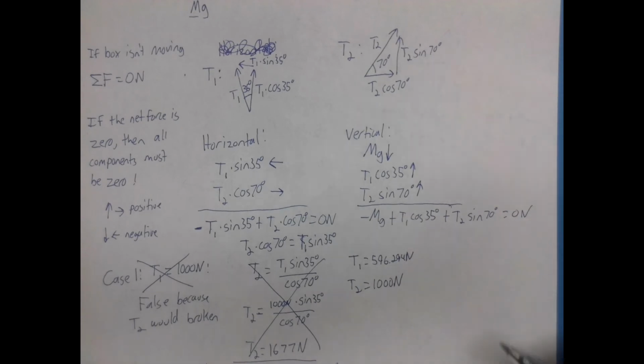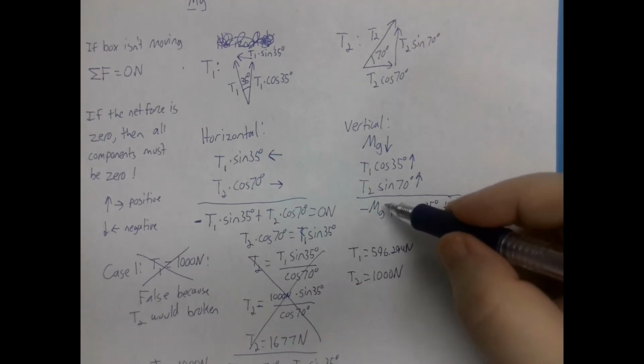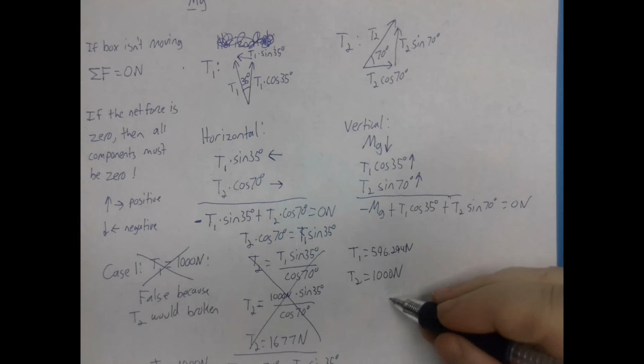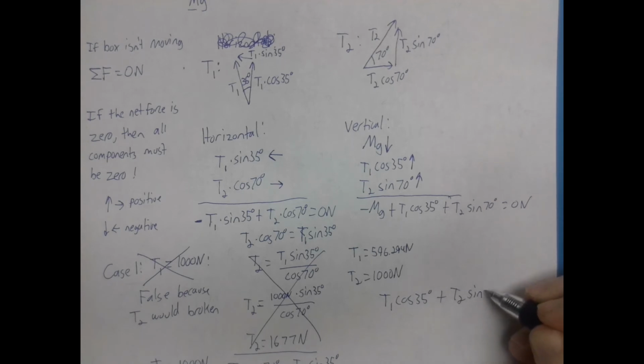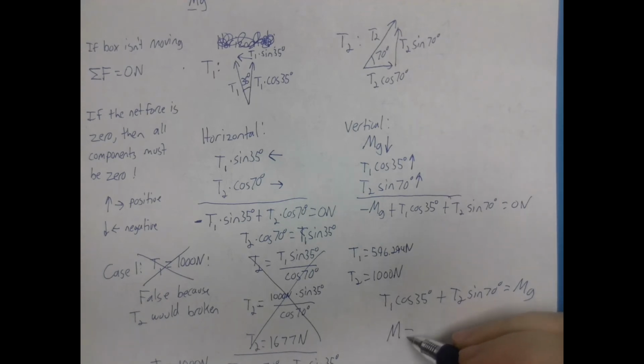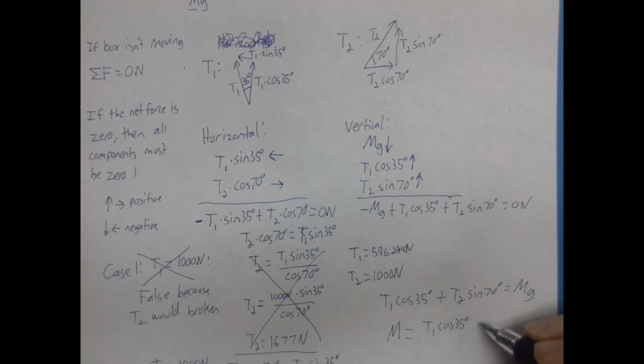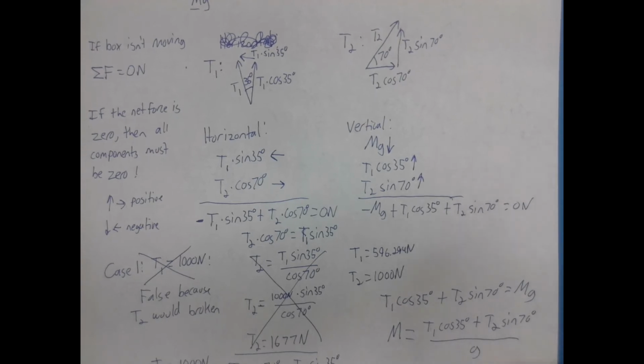Now we can solve for mg. Moving this over, that'll be T1 times cosine of 35 degrees plus T2 sine of 70 degrees is equal to mg. Switching the equal signs around and dividing by g, we see that the mass is equal to T1 cosine of 35 degrees plus T2 sine of 70 degrees divided by g.